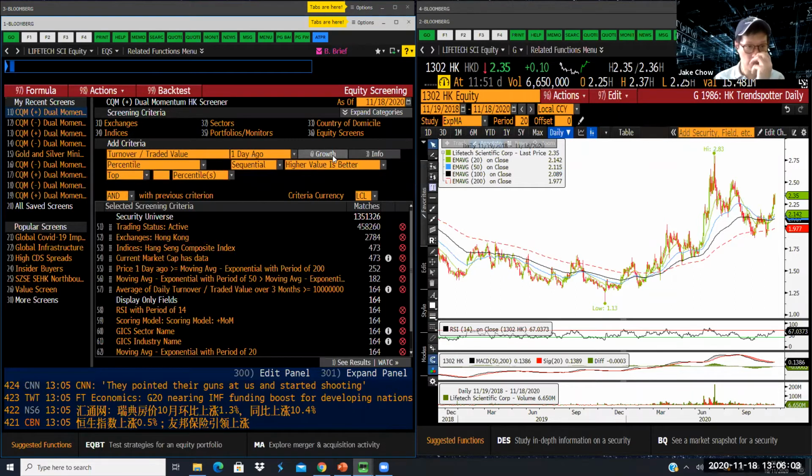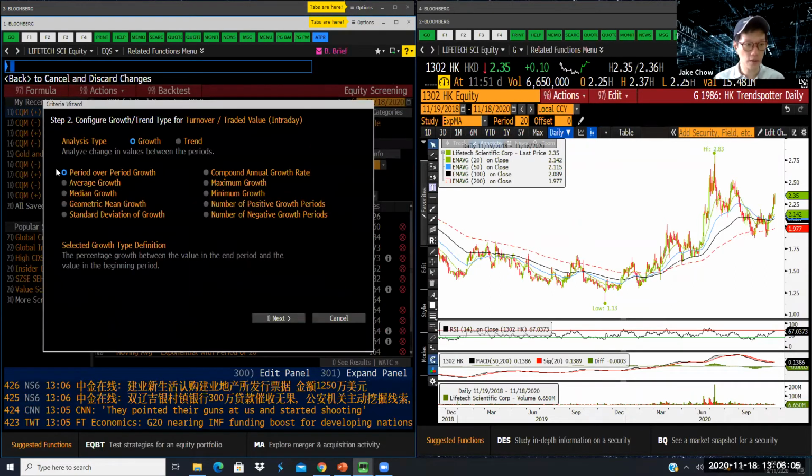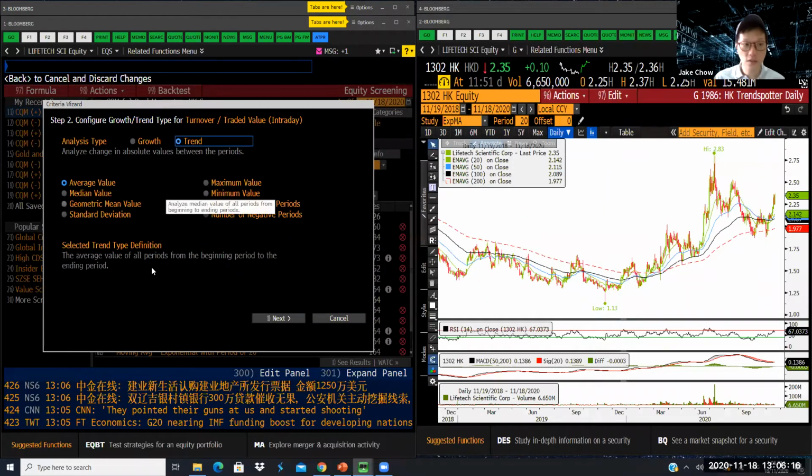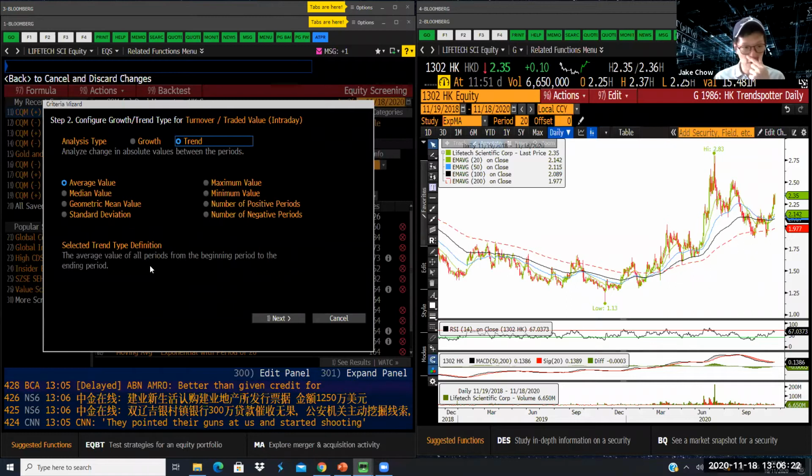In this case, let's say you use something like here. There are many ways to define what you're looking for as well. Period over period growth or the trend. In this case, the average value bigger than a particular look back period you're looking for.